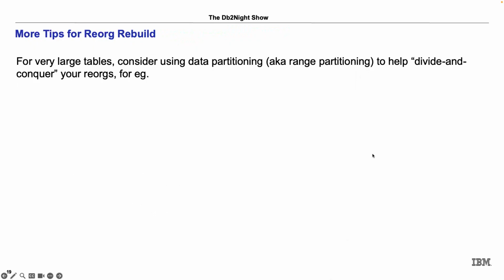All right, so more tips for reorg rebuild. If you cannot avoid a full rebuild, what other strategies or options are there? One of them is divide and conquer by data partitioning.